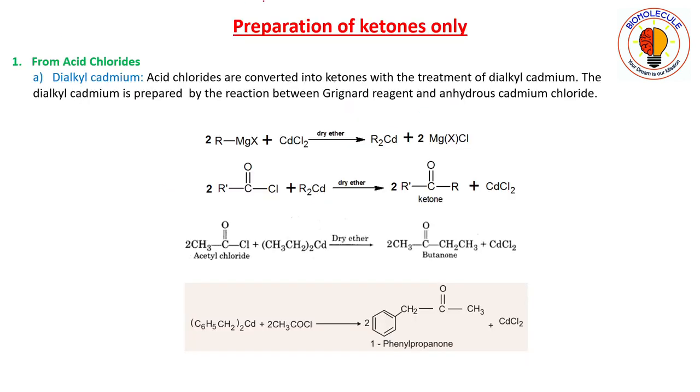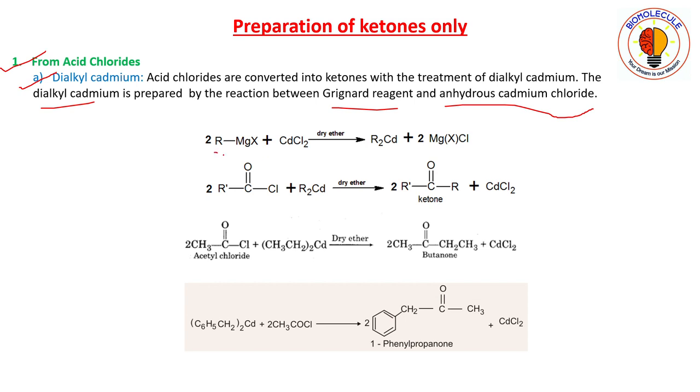Now preparation of ketones. So from acid chlorides. First we will be using dialkyl cadmium. Acid chlorides are converted into ketones with the treatment of dialkyl cadmium. The dialkyl cadmium is prepared by the reaction between Grignard reagent and anhydrous cadmium chloride.